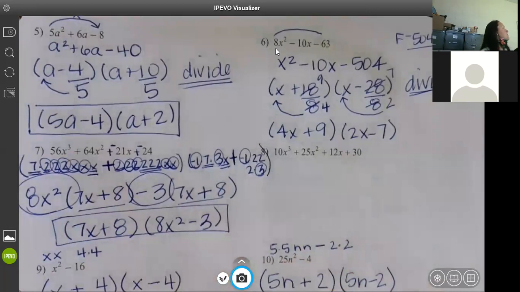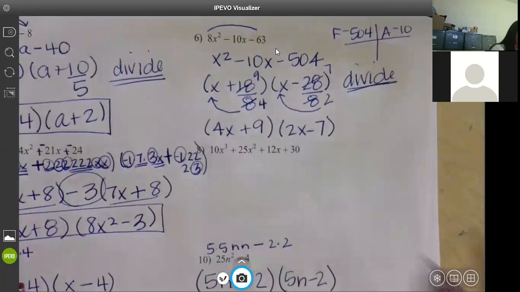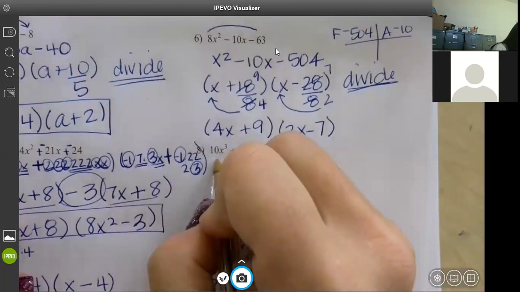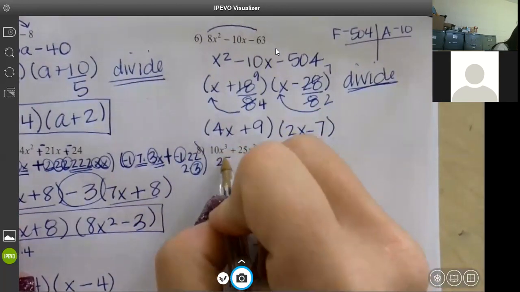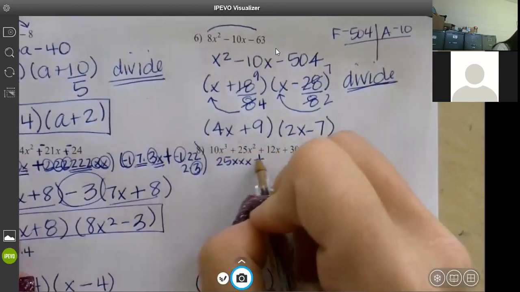Again, one more, it's smaller numbers, so it's a lot easier. Okay, same concept, just smaller numbers. What are your factors of 10x cubed? 3 x's, and a big fat plus.